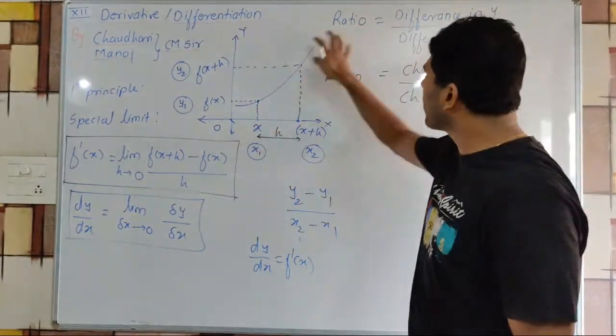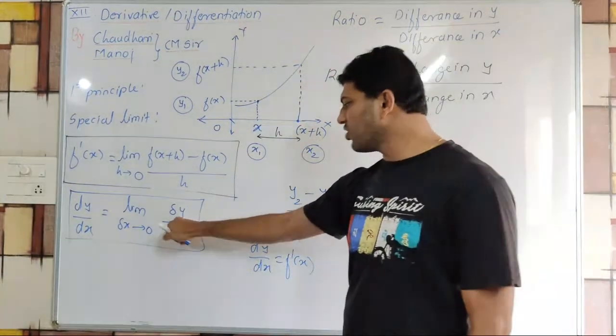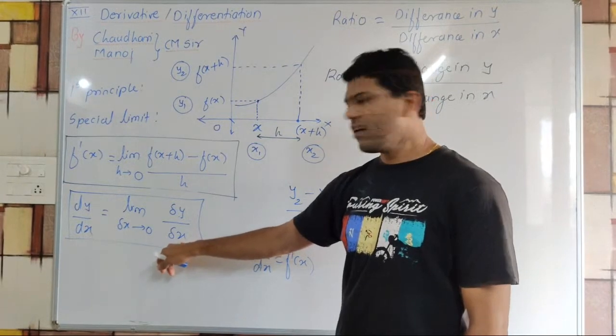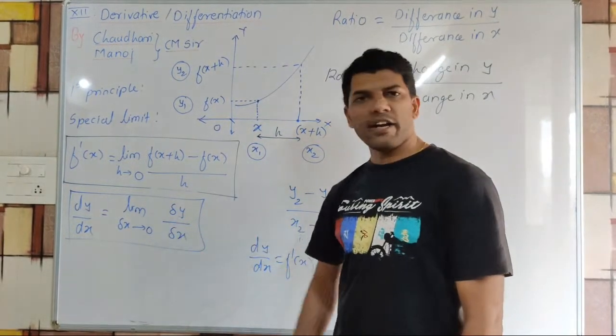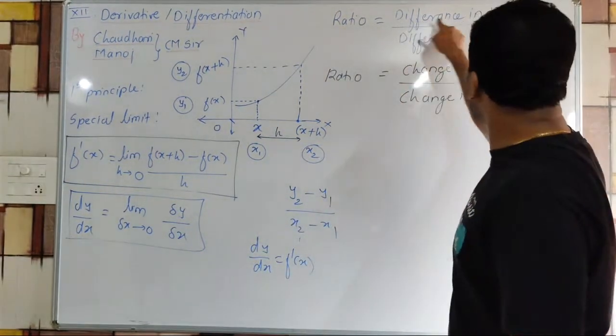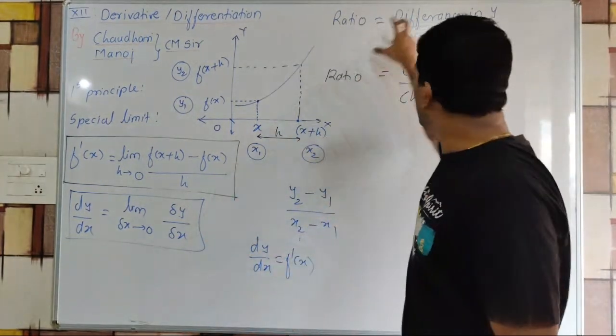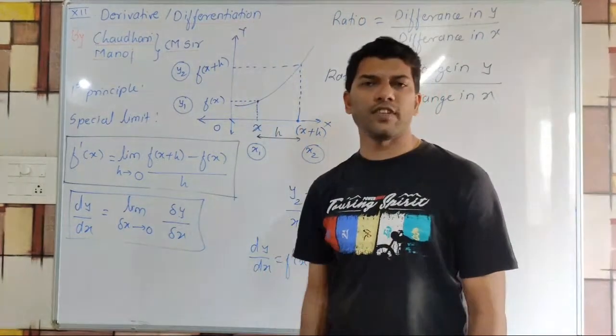Derivative is a certain ratio. A ratio of what? Change in y divided by change in x, or difference in y divided by difference in x. So this particular ratio correlates with the derivative.